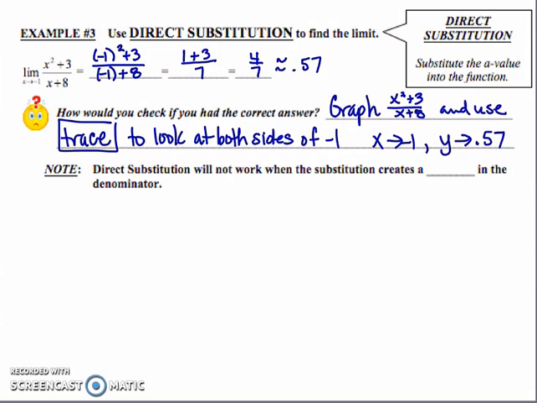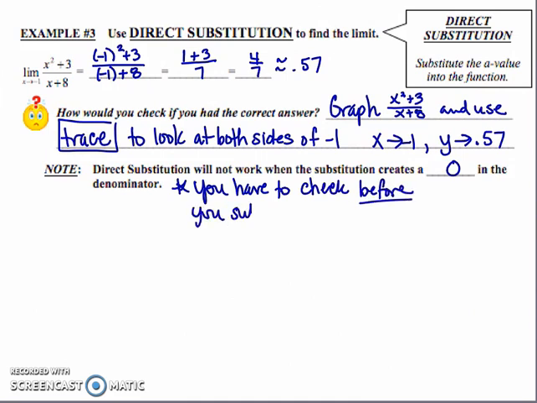There is one thing to note here. Direct substitution will not work when the substitution creates a 0 in the denominator. So this is something that you have to check before you substitute. Okay, so direct substitution is awesome when it works, but it's only one thing in our bag of tricks.